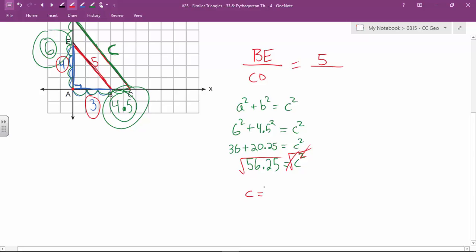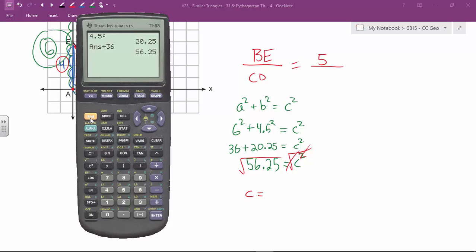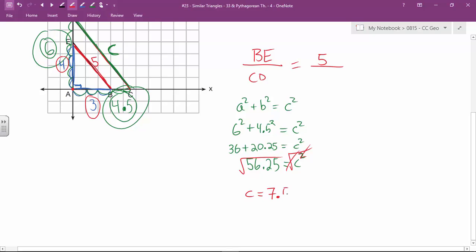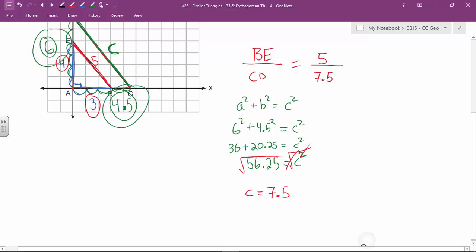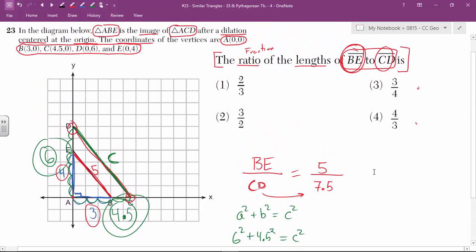So c will really be equal to the radical of 56.25. I'm lazy and I'm going to type in my answer, 56.25, and it's 7.5. So, boom, CD, this side here from D to C, was 7.5.